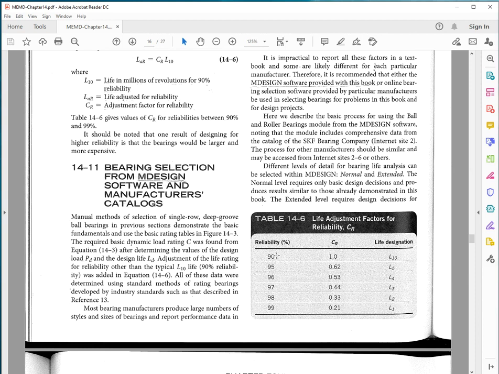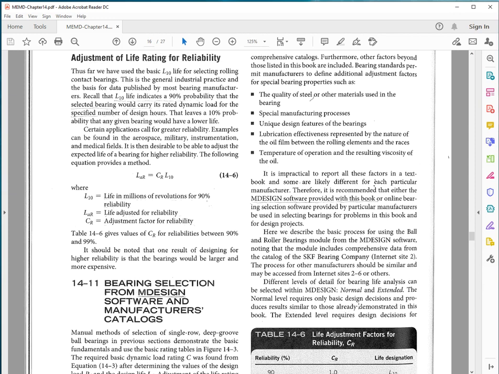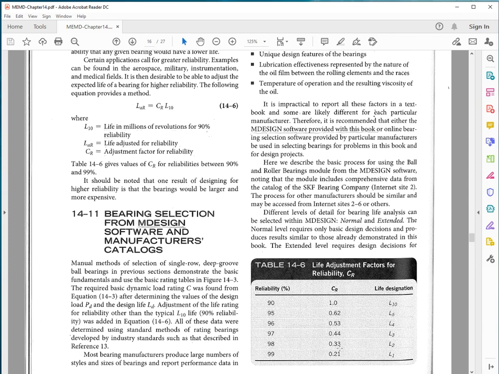So if you want to elevate from 90 to 99%, as you can see, this coefficient is 0.21. So essentially, you need to restate the life of the bearing as being only 21% of the life for the 90% reliability.